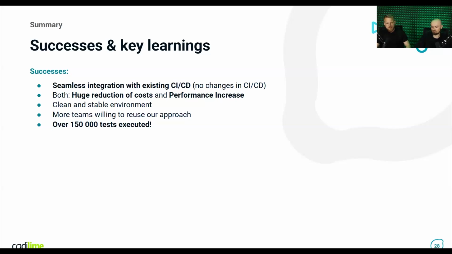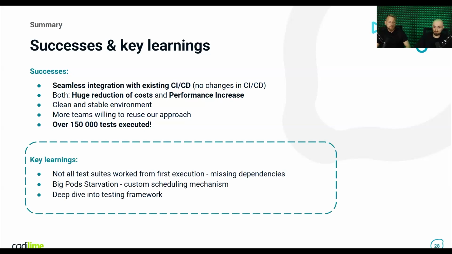Because of strong test results, more teams are adopting our solution. And so far, we have executed over 150,000 tests without any infrastructure-related errors. Besides these successes, the key learnings are an important part of the picture.